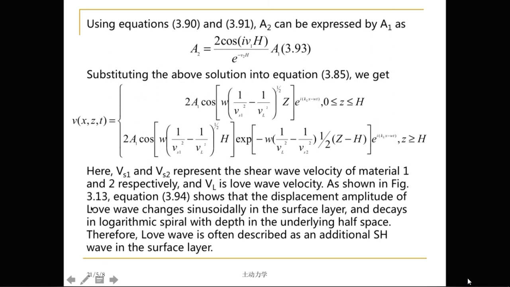As shown in figure 3.13, equation 3.94 shows that the displacement amplitude of the Love wave changes sinusoidally in the surface layer and decays exponentially with depth in the underlying half space. Therefore, the Love wave is often described as an additional SH wave in the surface layer.